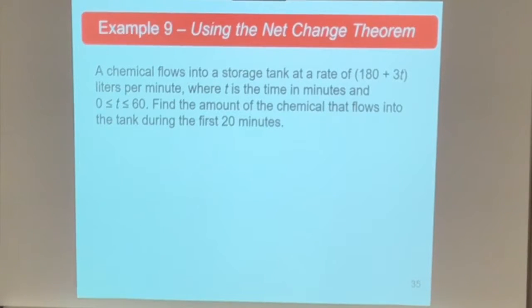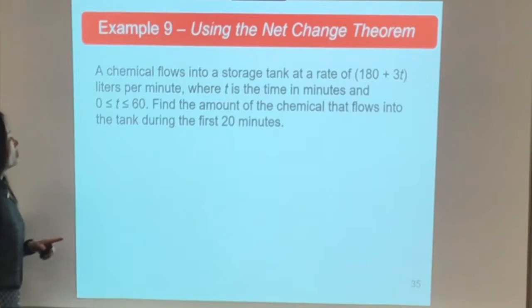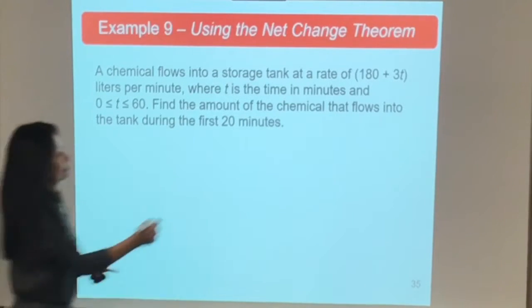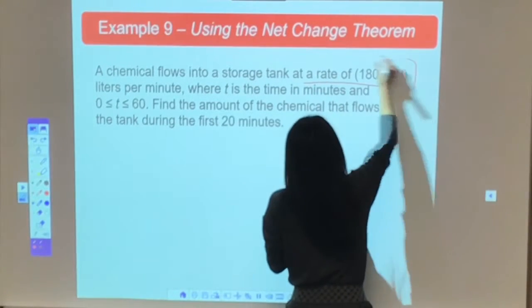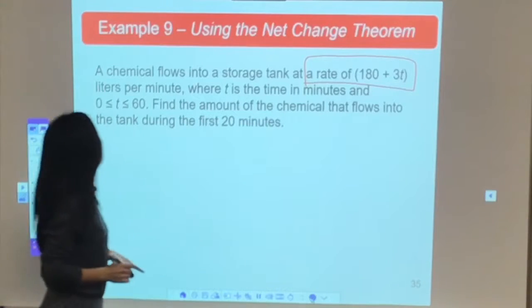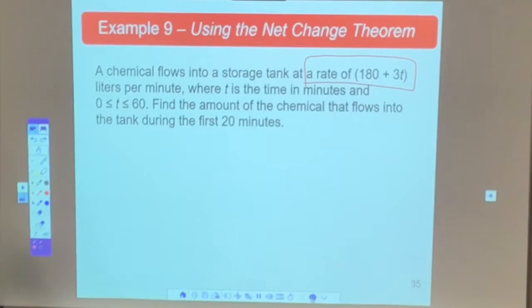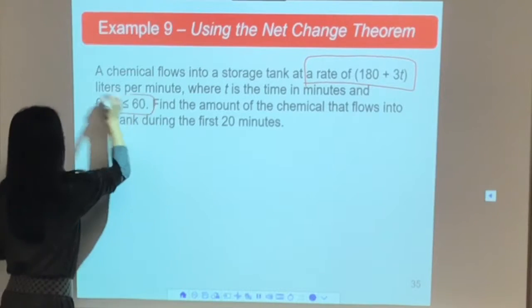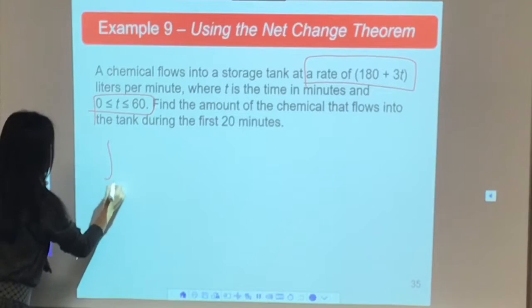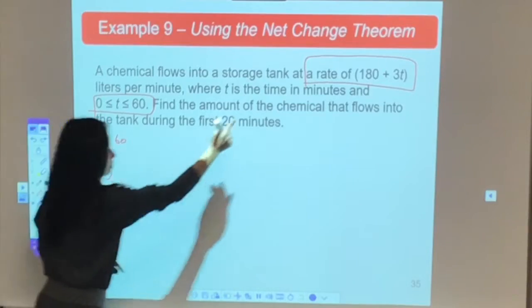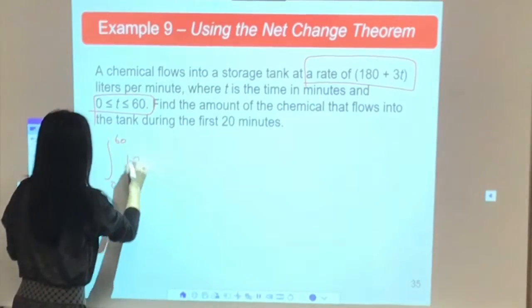All right, a chemical flows into a storage tank at a rate of 180 plus 3t, where t is the time in minutes from 0 to 60. That's my problem.